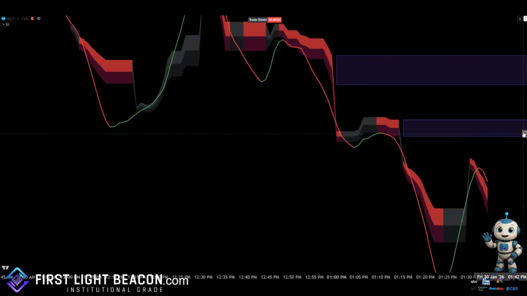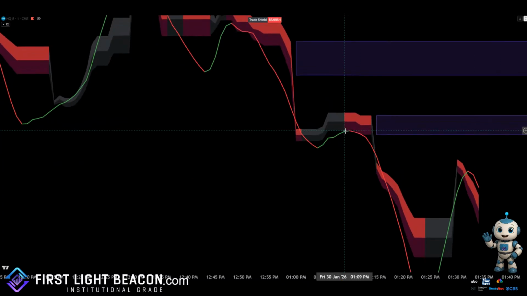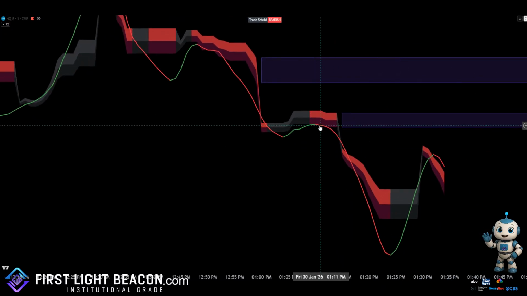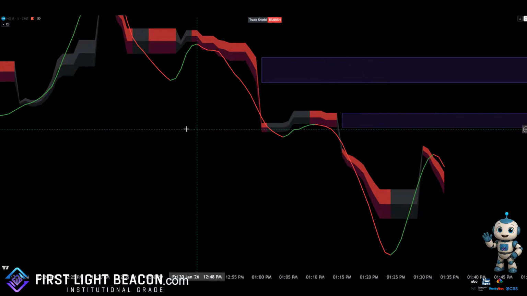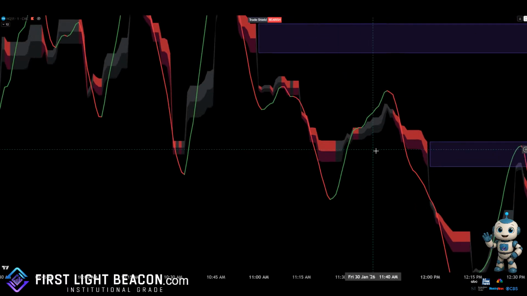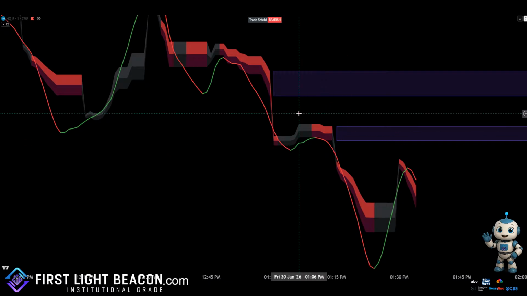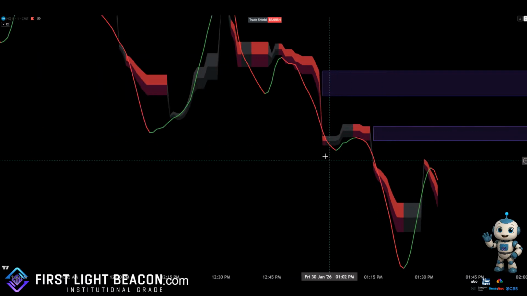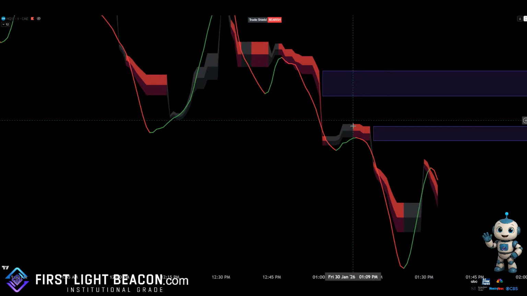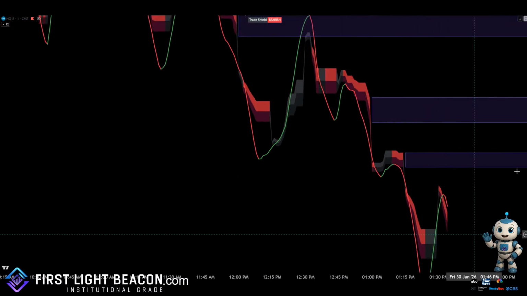Statistically, I've gone back and looked, so I don't take these shorts, because most of the time it does come back up, sweep highs, and then come back down. So if you do see this, wait and see if it comes back up and then does this right here. A lot of times it will, and you'll actually get into the actual momentum shift and not get liquidated trying to get in too early. So this was the manipulation, and then it'll swing up, swing the high again, and then drop again, right?